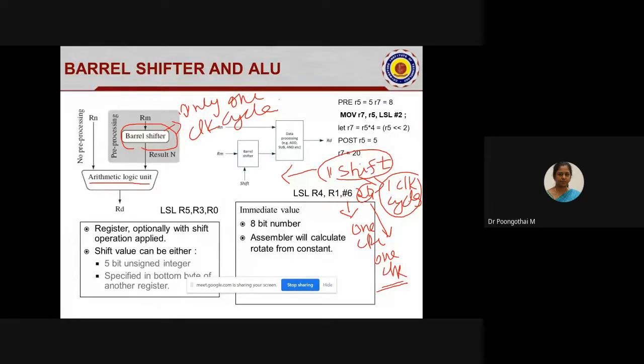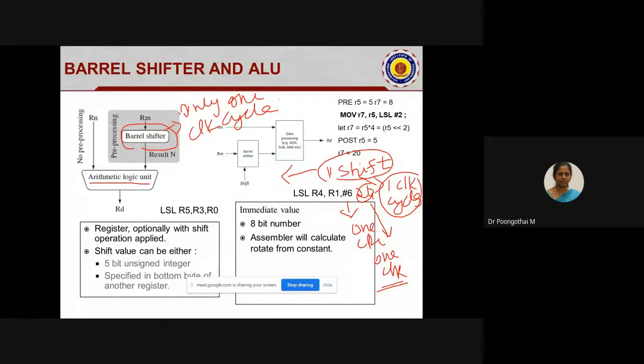In a conventional shift register component, shifting takes place on the basis of the clock. But only one clock cycle is required to rotate a 32-bit number irrespective of the number of shifts. Is that okay? Yes, ma'am. Okay. So this is the very basic enhancement in the ARM data path.